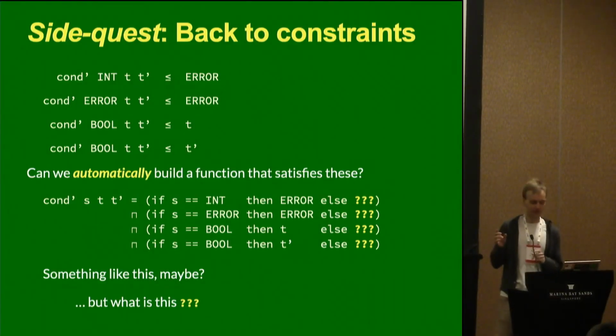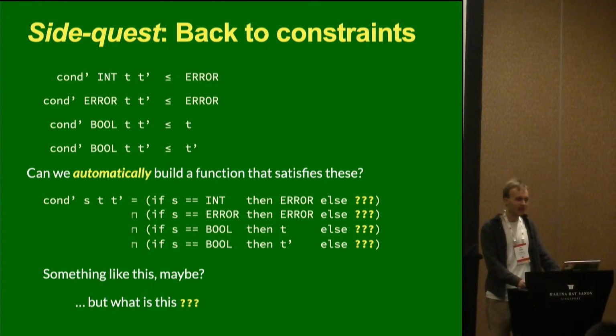Let's call these clauses, and I'm combining these with the greatest lower bound. Reason being, if I get an error in one of these, then I want the whole thing to be an error. Simple as that, really. But we can't write this down because we don't have a type that we can write here. We want something that's invisible to the greatest lower bound.